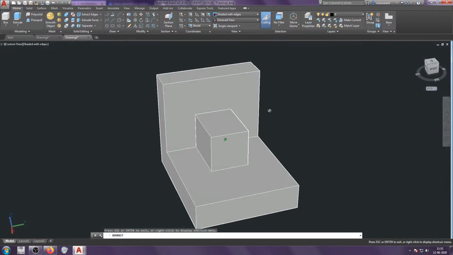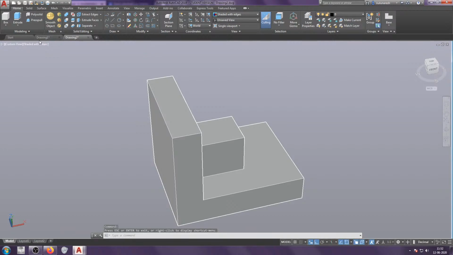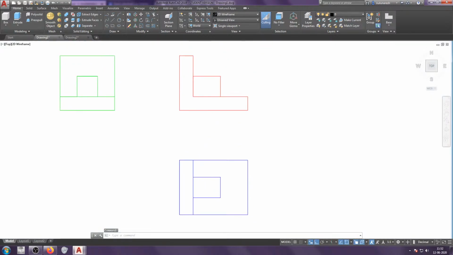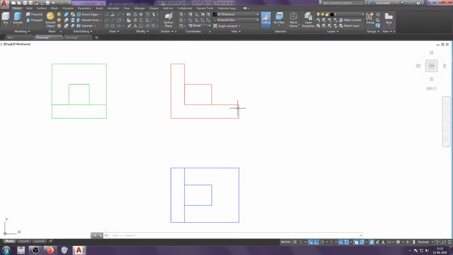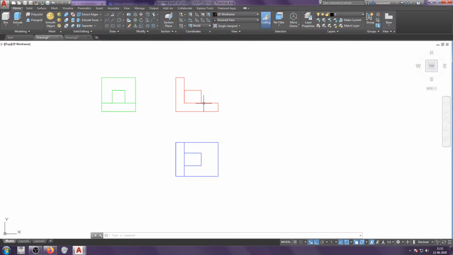So the reason that we are taking the top view at the bottom, which is below the front view, I told you that reason. It's all because this is the first angle projection.